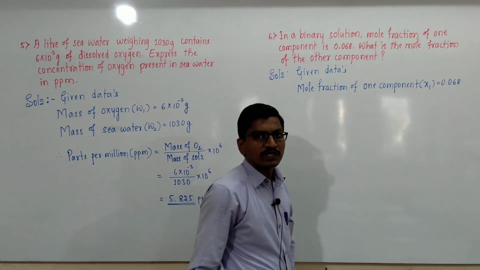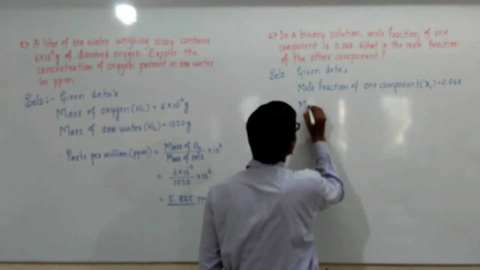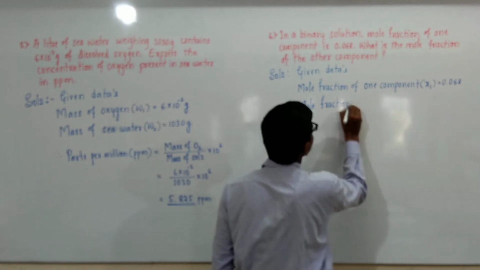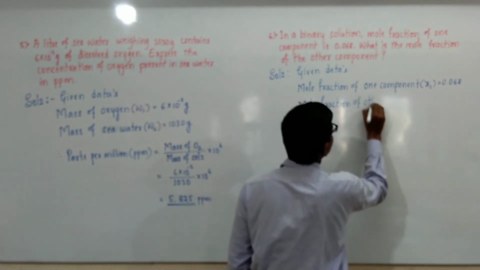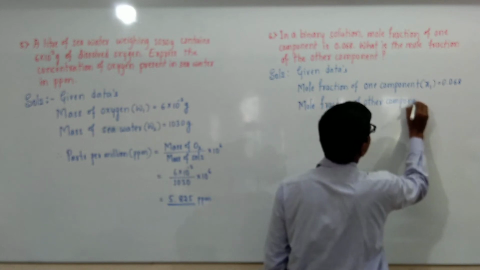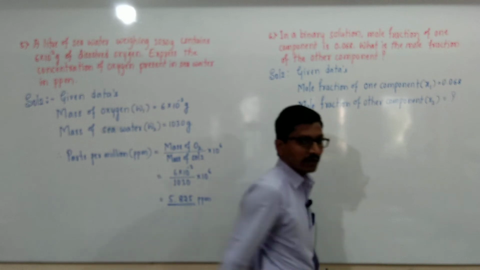Mole fraction is unitless because it is number of moles by number of moles, and we have to calculate the mole fraction of the other component, that is x2.